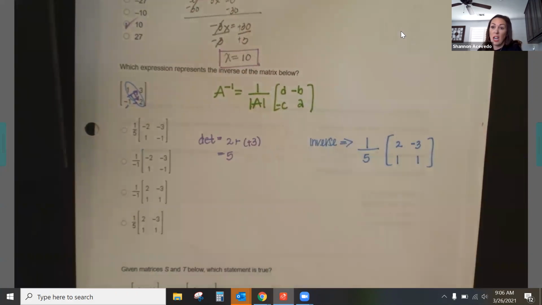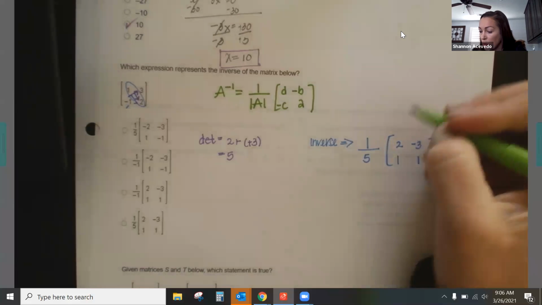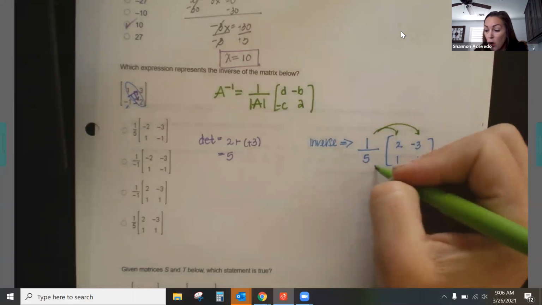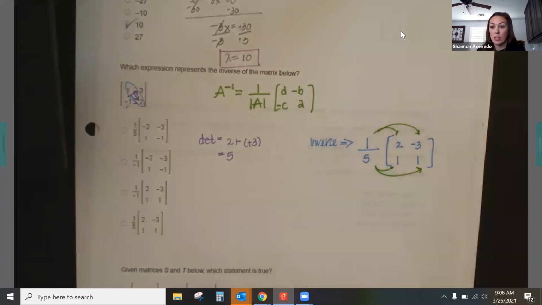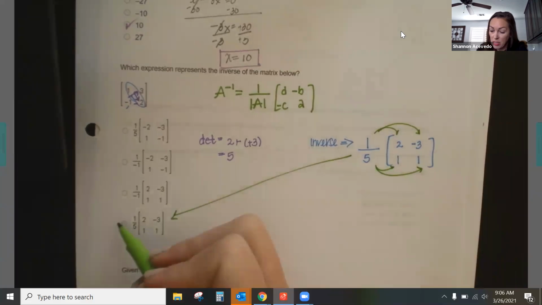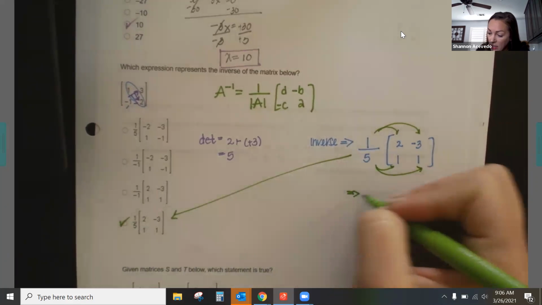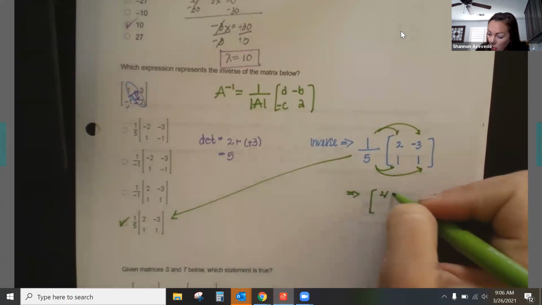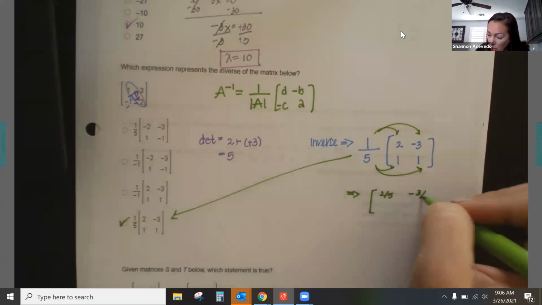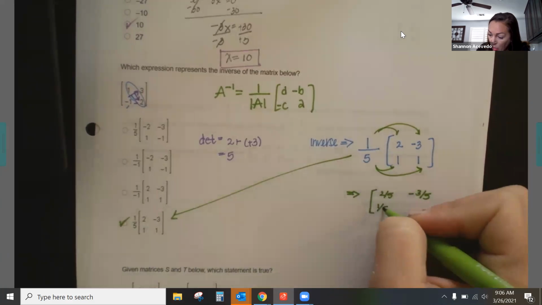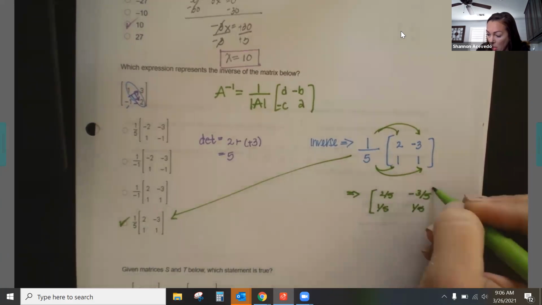When I was continuing on, because I wasn't paying attention to my answer choices, I went ahead and distributed this through to each piece, which is not wrong, just depending on how your answer is written. In this case, they left it like this. There's your answer. They could have also written it as 2/5, negative 3/5, 1/5, and 1/5.